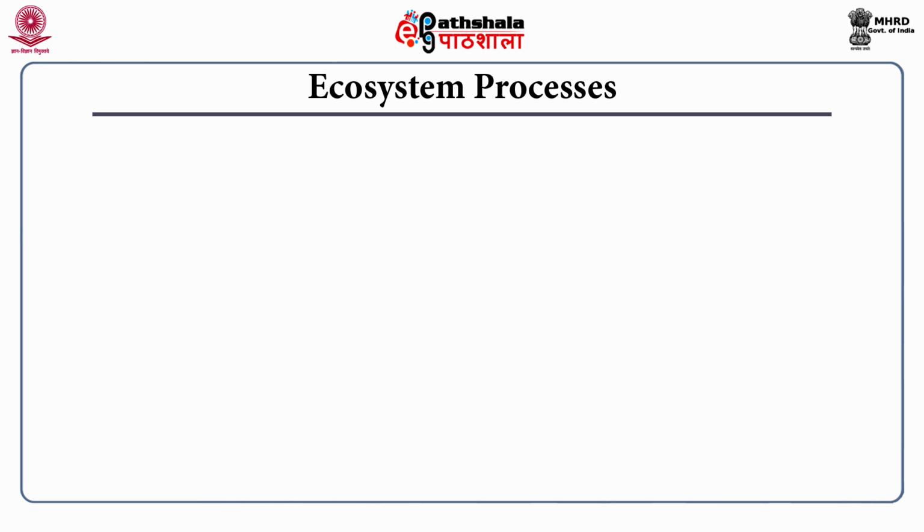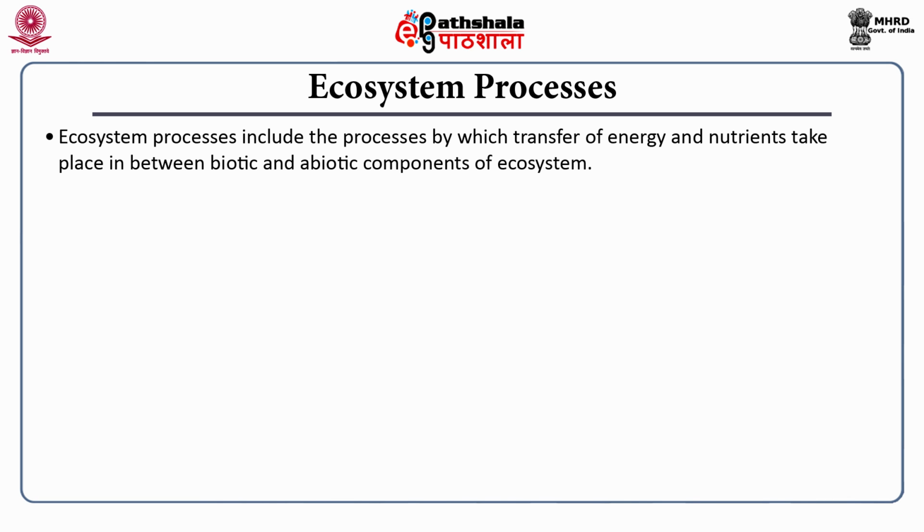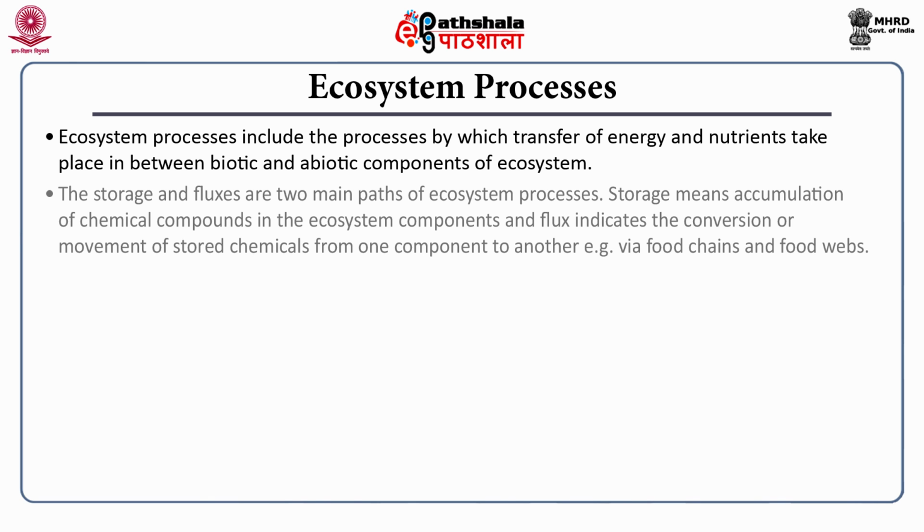Ecosystem processes. Ecosystem processes include the processes by which transfer of energy and nutrients take place between biotic and abiotic components of the ecosystem. Storage and fluxes are the two main paths of ecosystem processes.